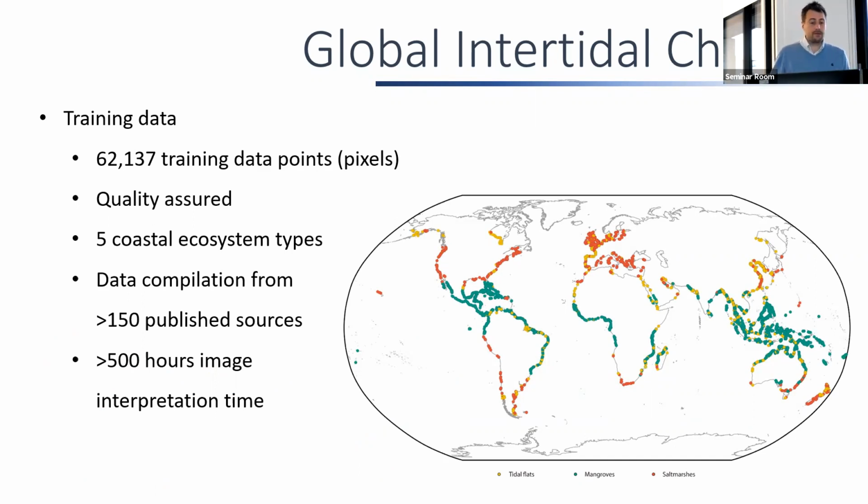This is based on about 60,000 training points that have been quality assured for multiple coastal ecosystem sites. And data is compiled from about 150 published sources and around 500 hours of image interpretation that gives you an accurate location globally of where mangroves are, where tidal flats are, where salt marshes are.